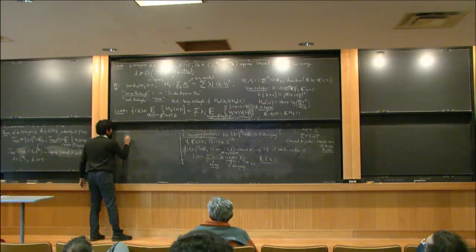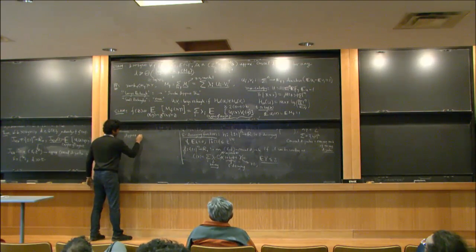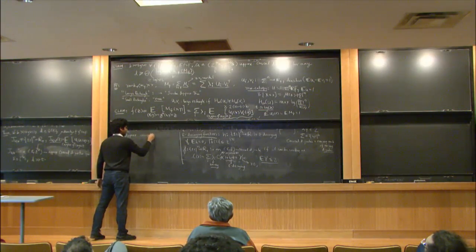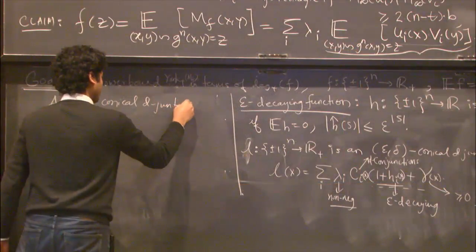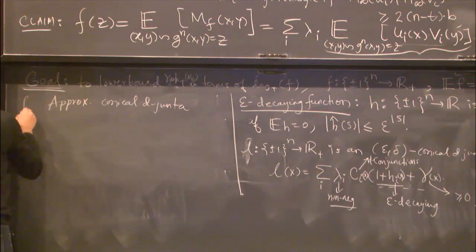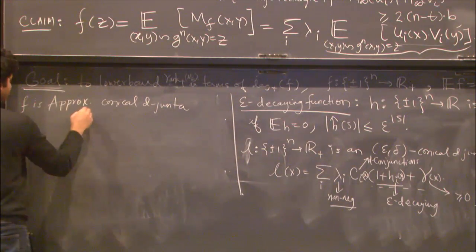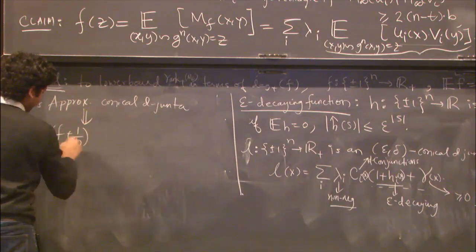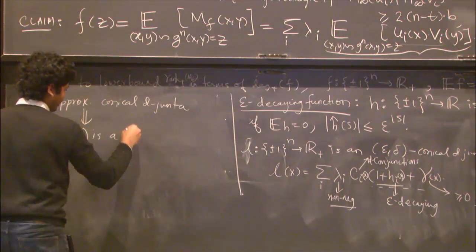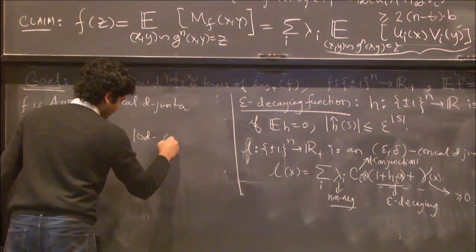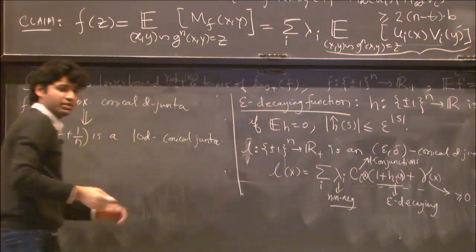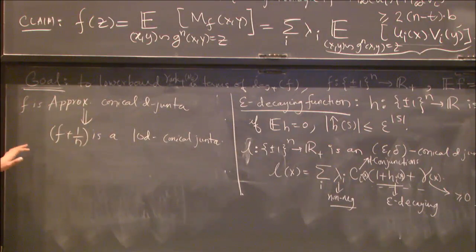So going from approximate junta to conical D junta, this would give us that f is some approximate D conical junta. From here, concluding that f plus some 1 over n is some 10D conical junta is not hard, and it uses standard kind of technology.